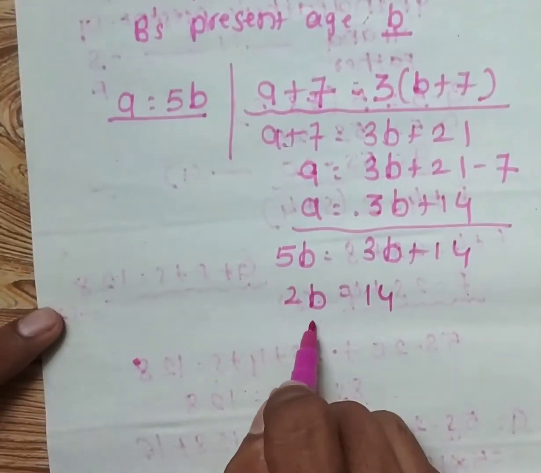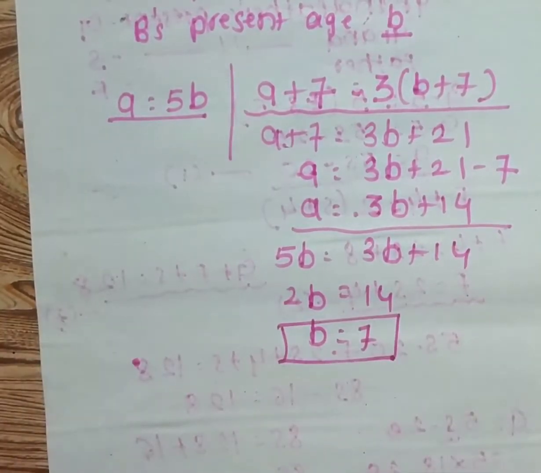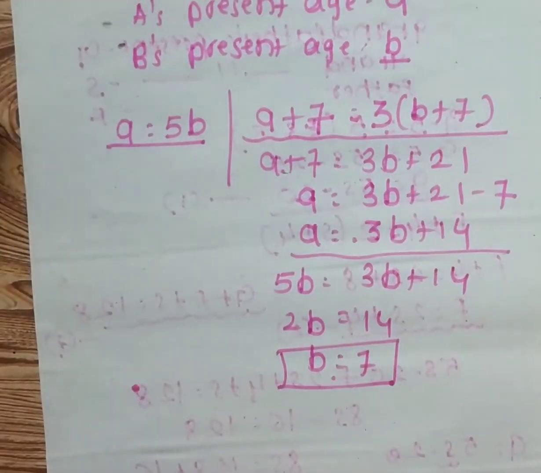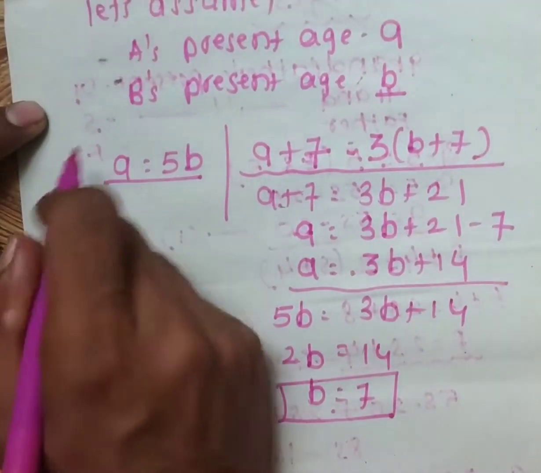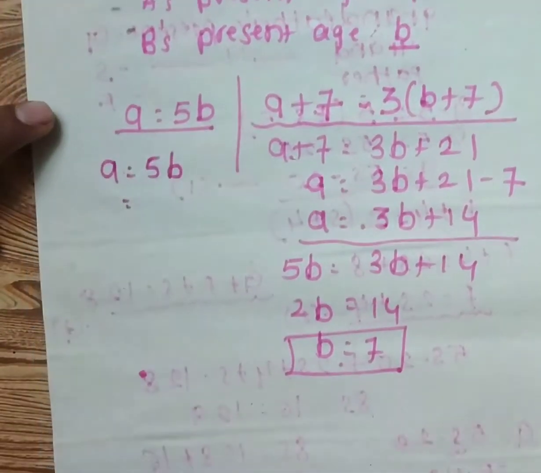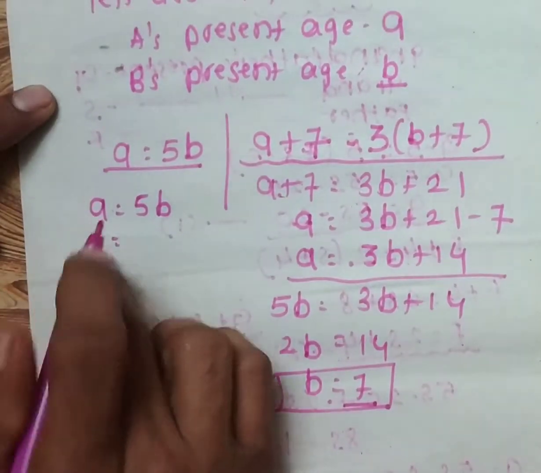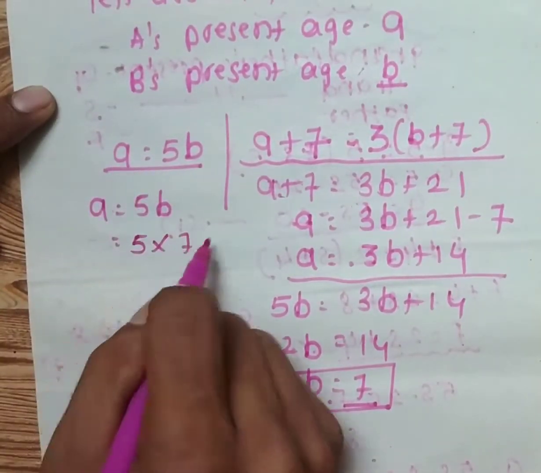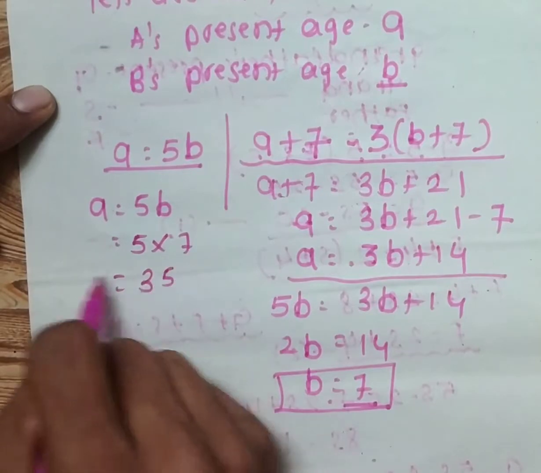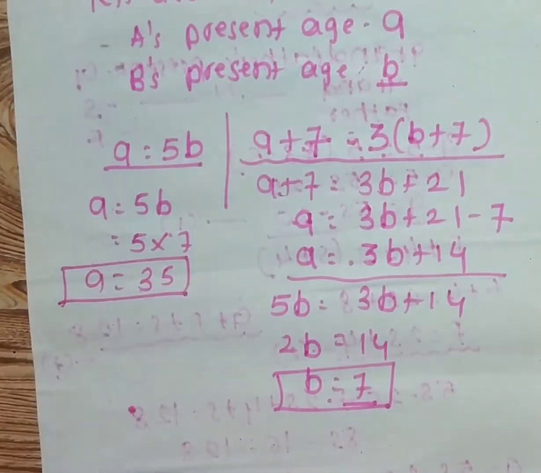So B is equal to 7. That means B's present age is 7 years. And simple for A also. We know that A is equal to 5B, and we have just calculated the value of B as 7 years. So I can put the value of B in this equation. 5 into 7, 7 5s are 35. So the present age of A is 35 years.